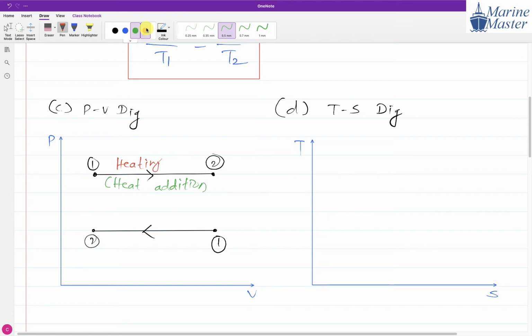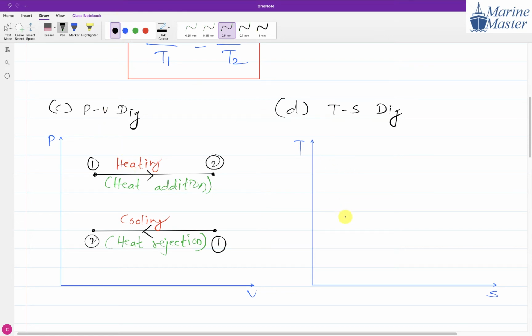And the second scenario will be cooling, that is heat rejection. Now then, due to heat addition, what is going to happen with the entropy? We have studied that entropy will increase, and due to heating, temperature will also increase in the case of constant pressure.